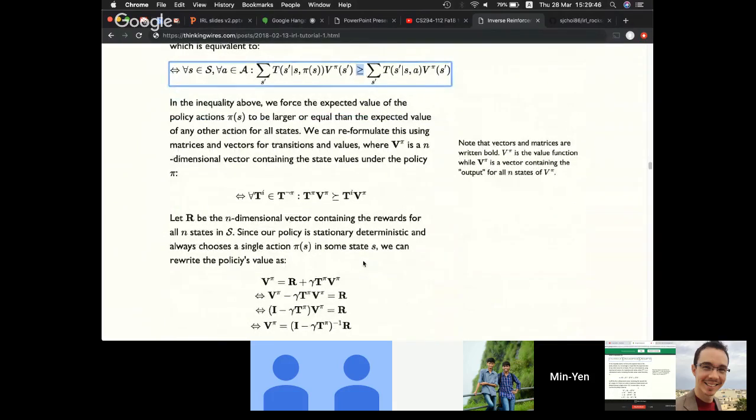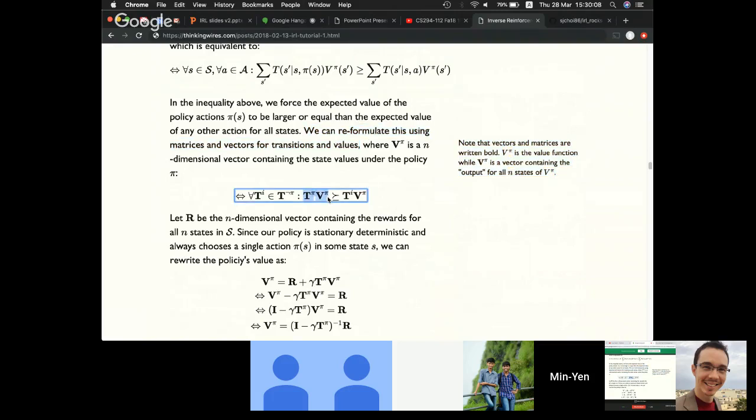Okay, so we can reformulate this using matrices and vectors for transitions, where V, the value of the optimal policy, is an n-dimensional vector containing the state values under the policy. So we can write this in this form.